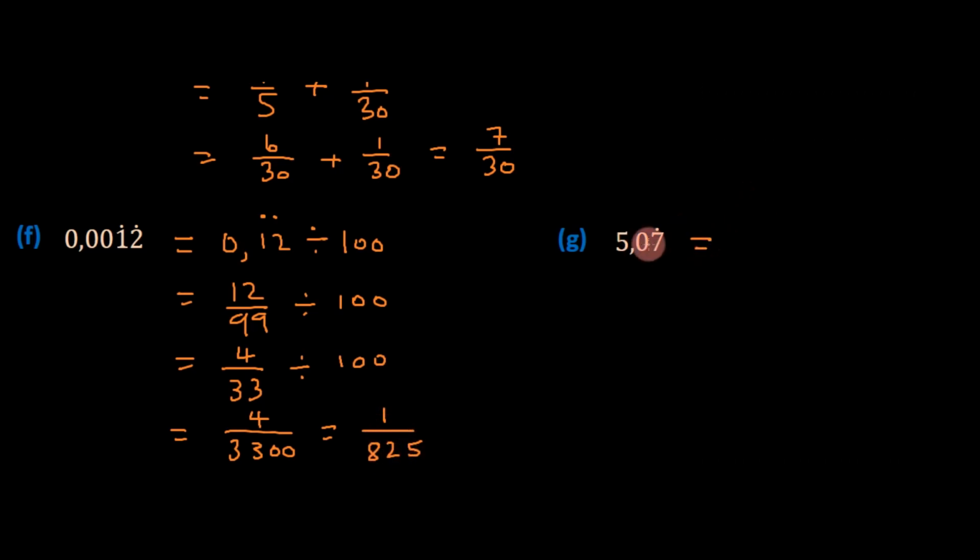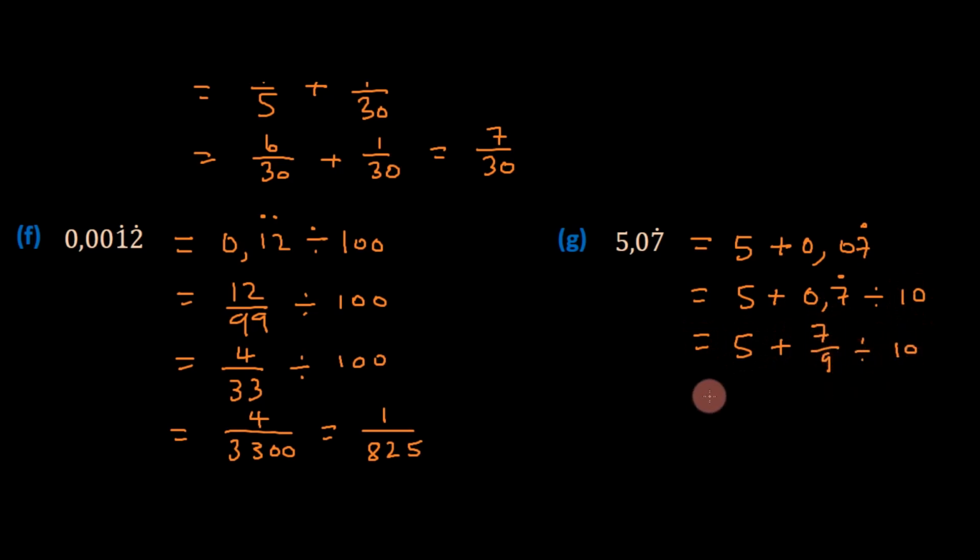We're going to split up this decimal as 5 plus 0.07 recurring. Rewriting this as 0.7 recurring, but then divided by 10. This, of course, is 7 over 9. And it's 7 over 90 here. Once again, we want the denominators to be the same.